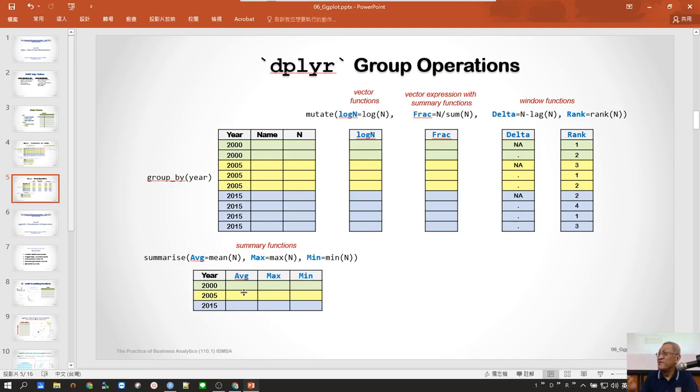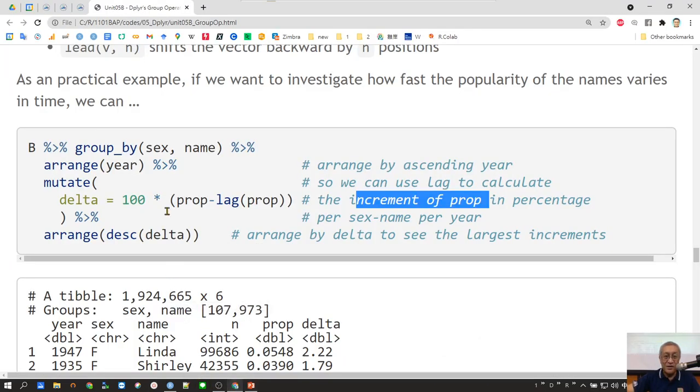Okay. For example, here we have two group by. And then we arrange. Arrange will not change the group structure. So up to this point, we still have two group variables.